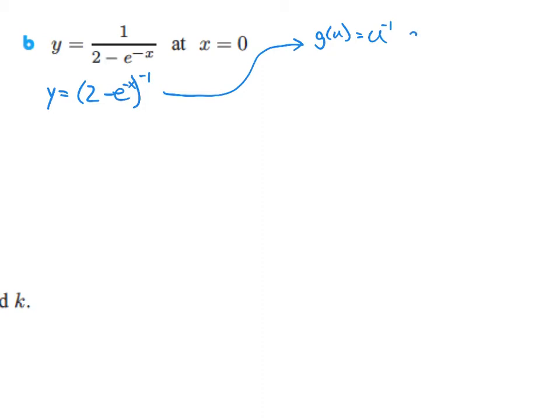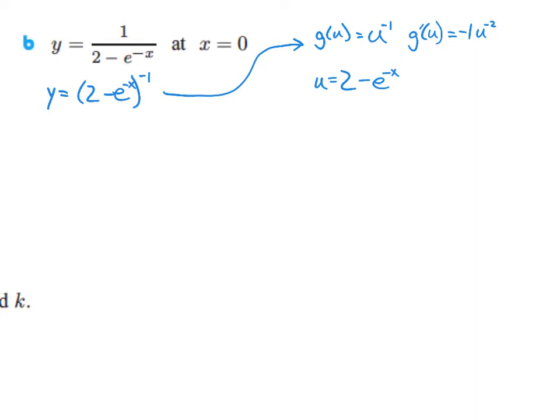So g prime of u is negative 1 u to the negative 2. Now what's u here? Yeah, 2 minus e to the negative x.